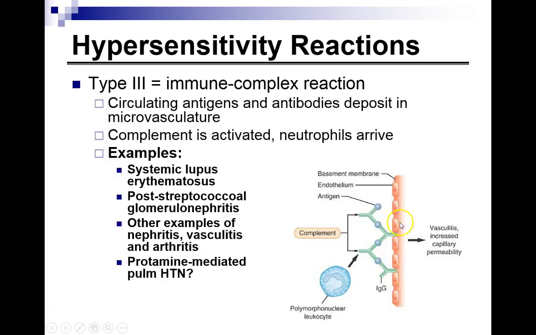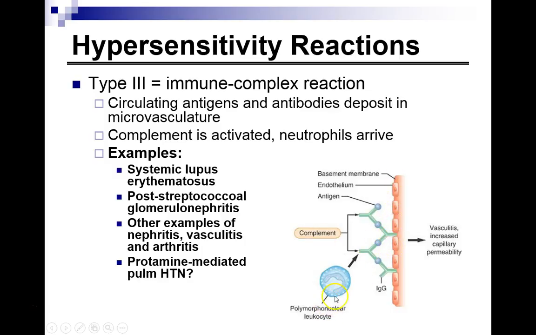They have bound to the basement membrane of the endothelium. And the IgG antibodies are each attached to antigens. And these antigen-antibody complexes have now been deposited here, attached to the basement membrane.